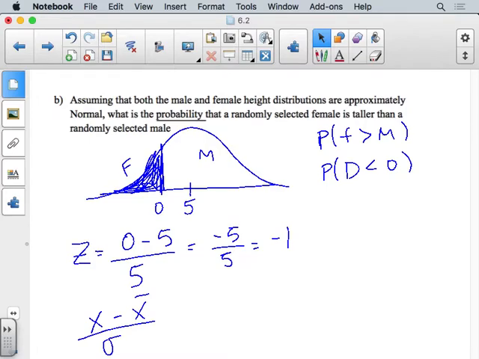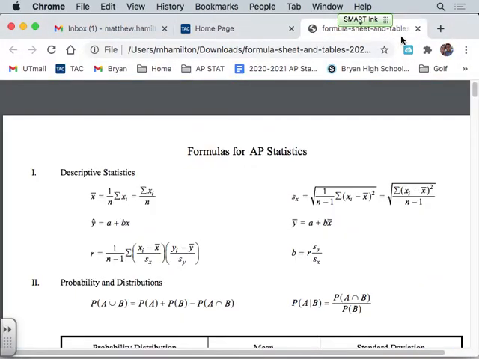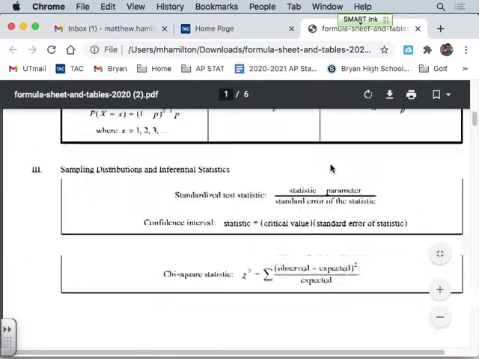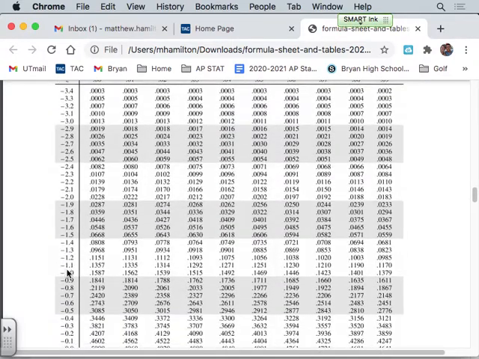We did say 68, 95, 99.7, but let's use the table here and look it up on the formula chart. A Z-score of -1.00 is 0.1587. So basically 16%.